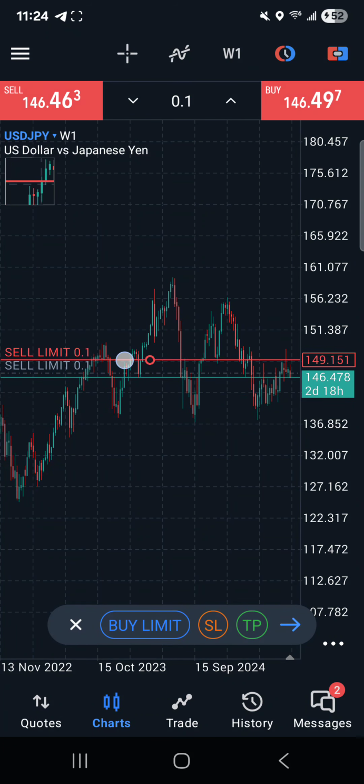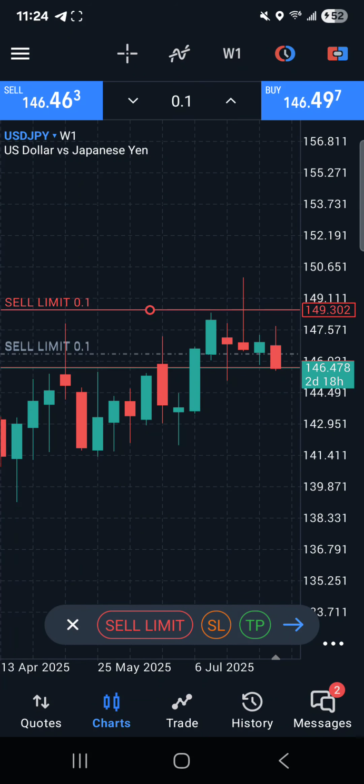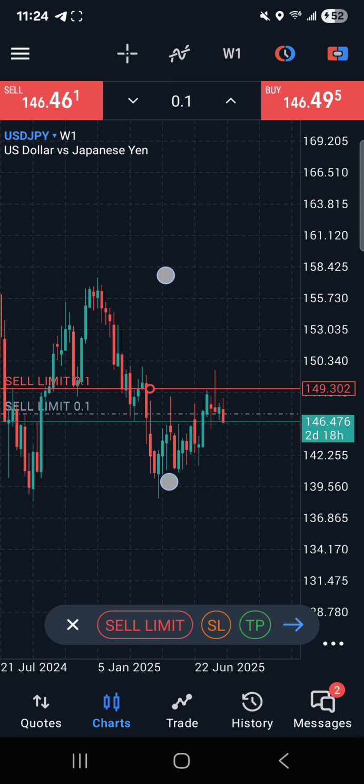So this area could be our confirmation or our entry signal. And what I'm seeing here is an engulfing bearish candle after these rejections on the weekly time frame.